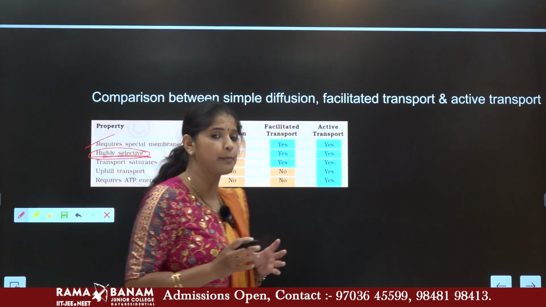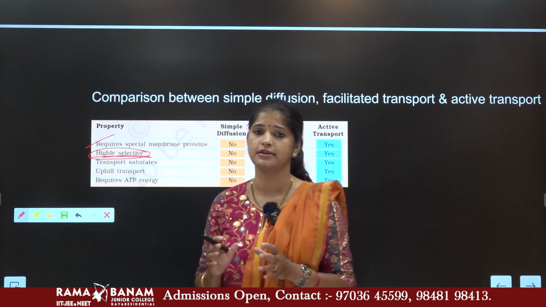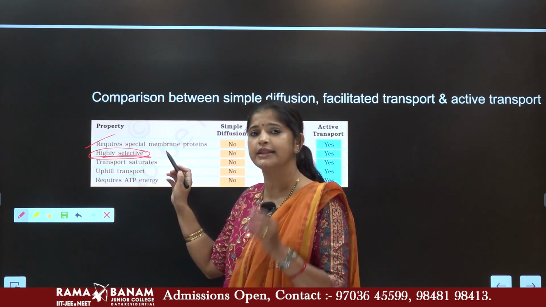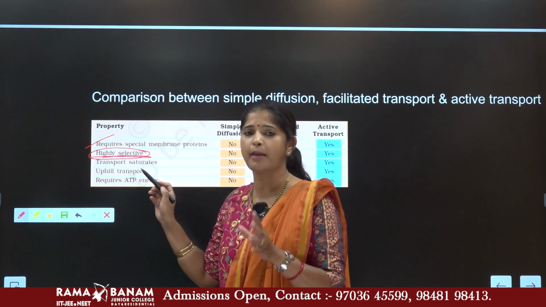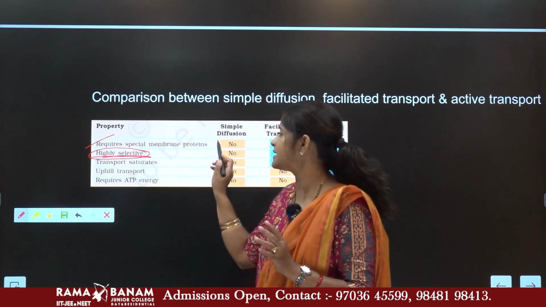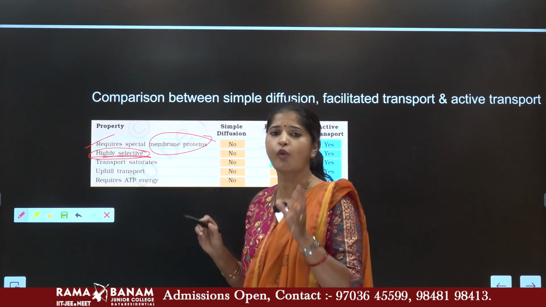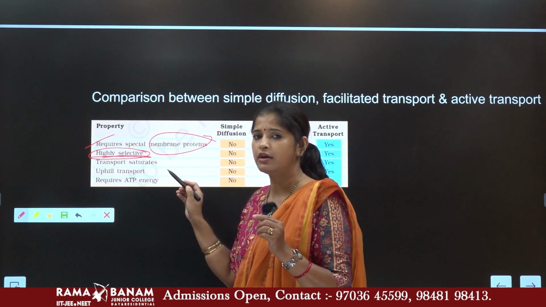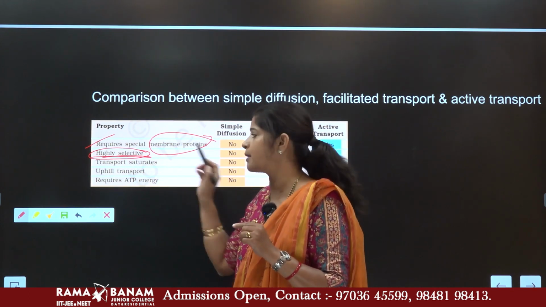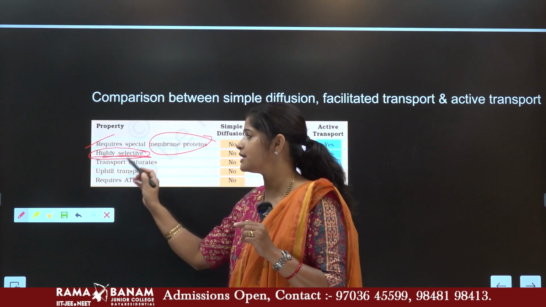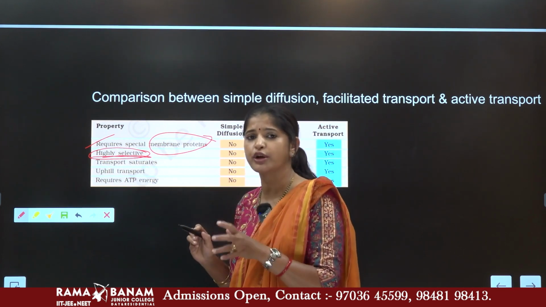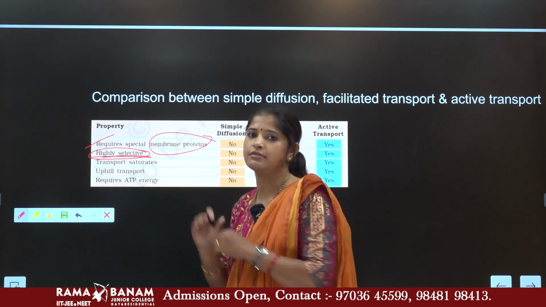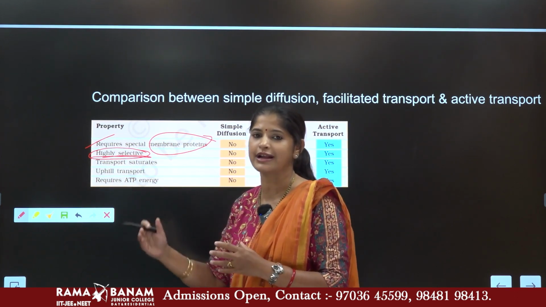Highly selective is applied when there is a transmembrane protein. When the membrane protein is there, then that property is applicable. So, if a membrane protein is there for water, then only the water molecule can attach to the membrane protein. Other molecules cannot attach to the membrane protein. This is the property of selectivity. The membrane protein is selective towards the molecule which it will transport.